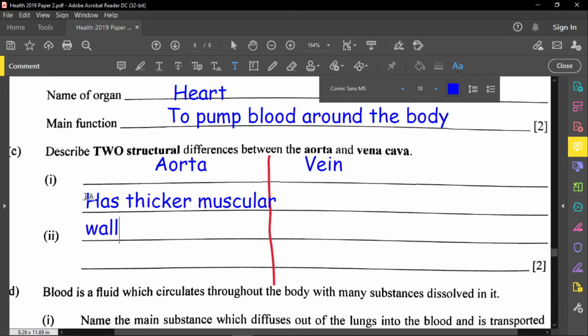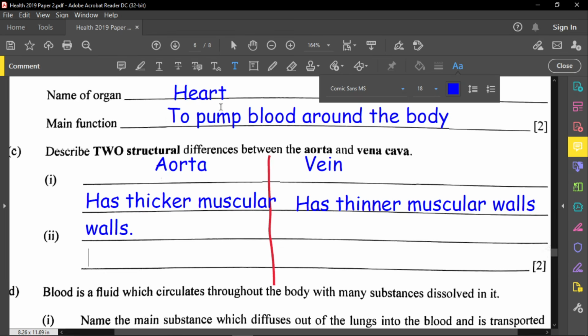That would be my first difference. And on the vein side, they have thinner muscular walls. So that's a difference in comparing the walls. Once you're comparing the walls, stick with that.